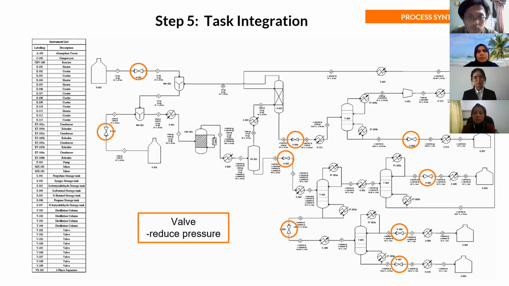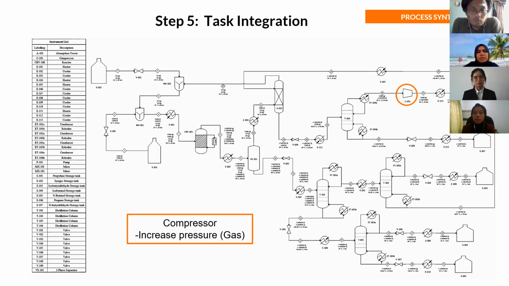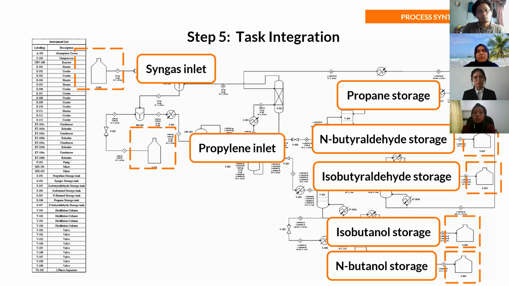We also replace the pressure change with a valve to reduce pressure at the stream. We use a pump to increase pressure at the liquid stream and a compressor to increase pressure at the gas stream. We also place storage tanks for the raw material and the final product.